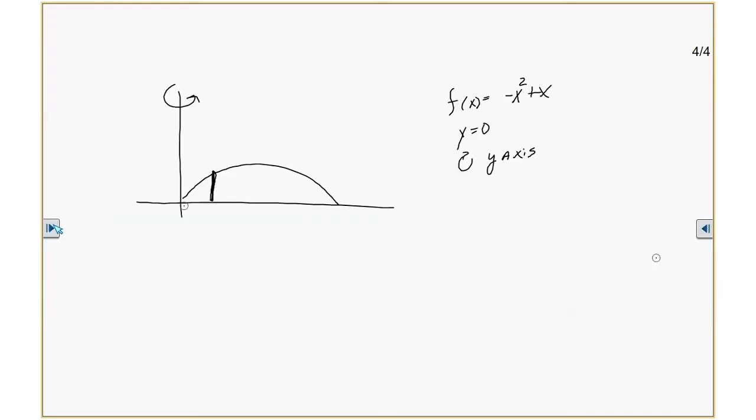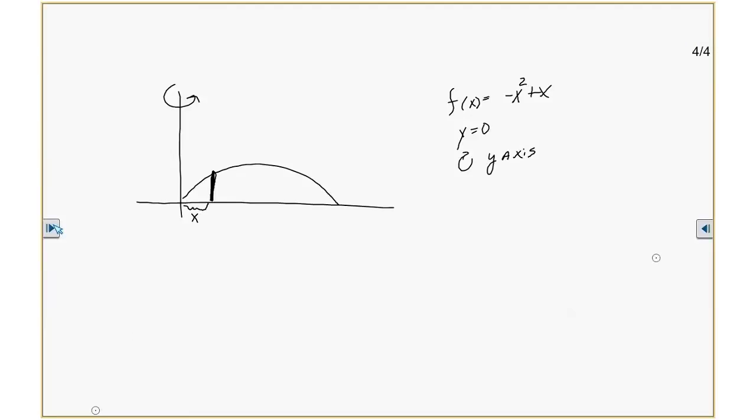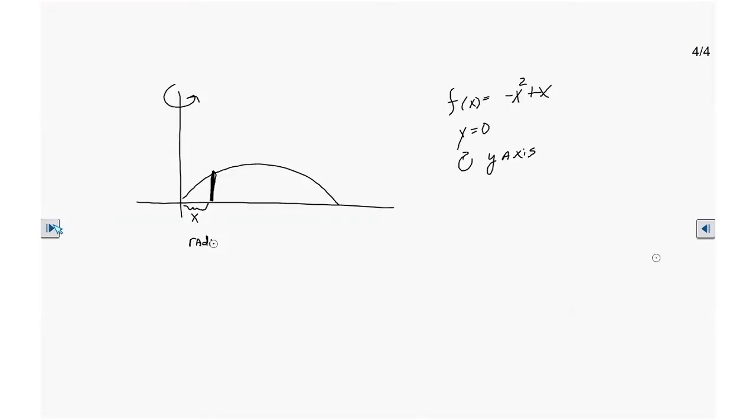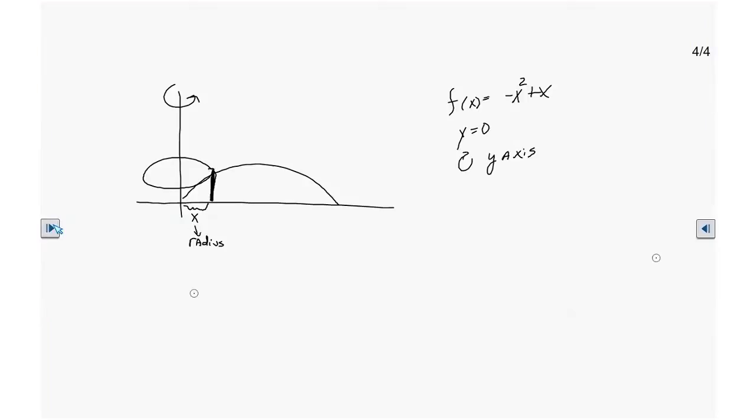The distance between that hair and the y-axis is x. So that's another way of saying the radius. If I'm spinning this around the y-axis, what is the radius called? X.